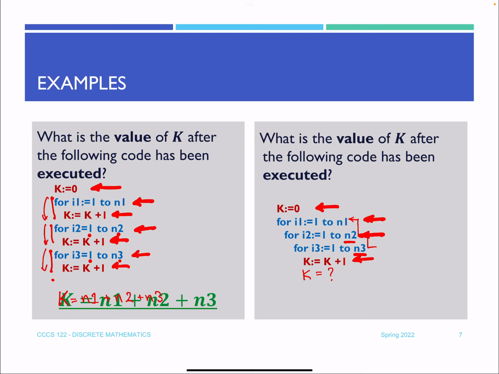And inside each iteration of the second for loop, we go through all n3 iterations of the third for loop. Now, we've taken basic courses in programming, and so I expect you to know that that means that k's value at the end of this code will be n1 times n2 times n3.